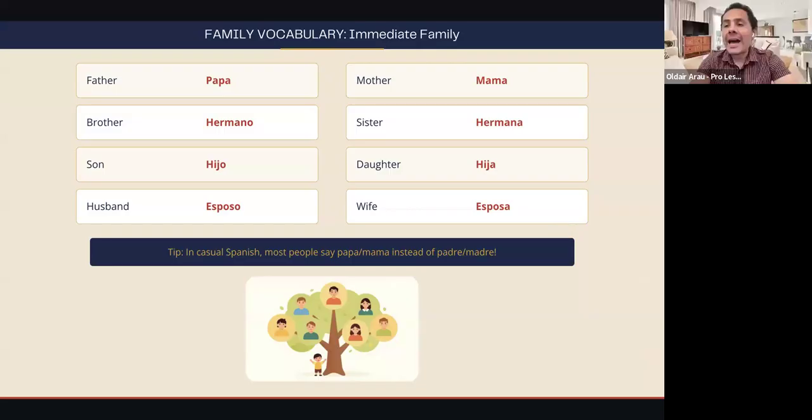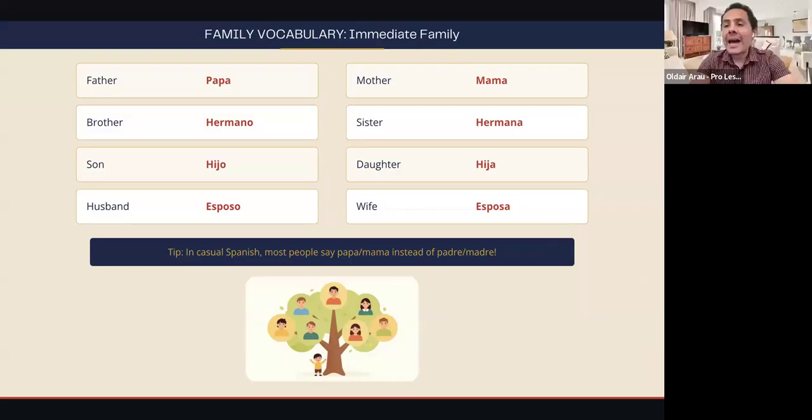All right, let's look into some of the main aspects of this lesson, the family vocabulary. We all know how to say father, papá. Mother, mamá. Brother, hermano. Sister, hermana. Son, hijo. Daughter, hija. Husband, esposo.